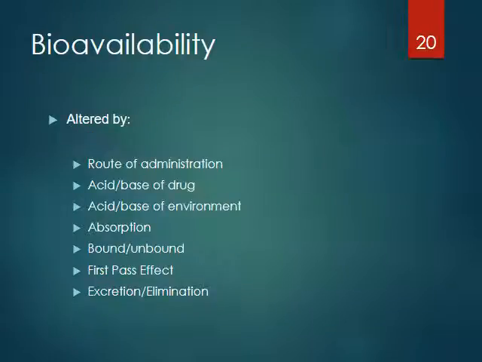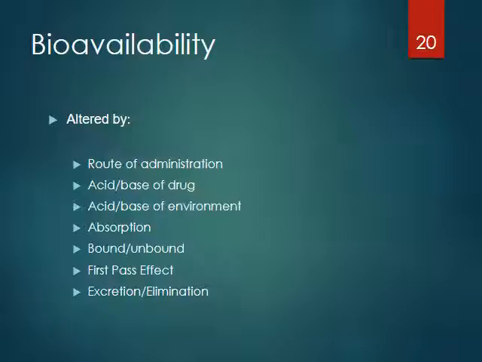Bioavailability can be altered by a number of different things, some of which we've already talked about previously, but some new things we'll talk about, including the route of administration. Obviously, some routes are going to be more efficient at getting the drug into the bloodstream than others. Also the acid-base status of the drug, the acid-base status of the environment the drug may be absorbed in, and the actual absorption that occurs.